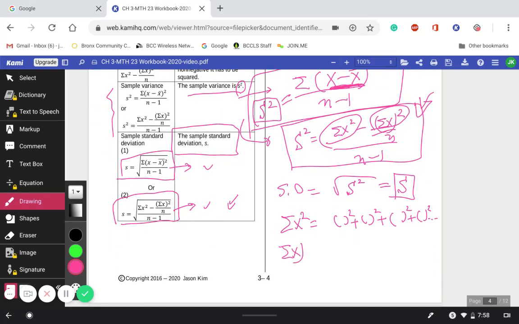The summation of x, whole thing squared, means you add first: summation of x, add all the input values. And then after you finish them, then you square. Compared to the first one, where you square each one and add them. So they are a little different. Okay, so I want you to recognize the differences.